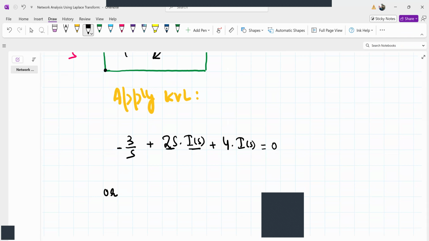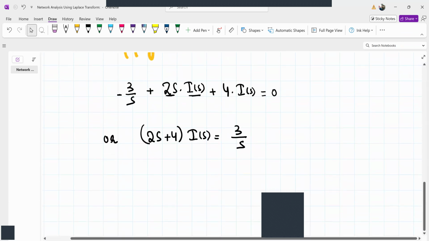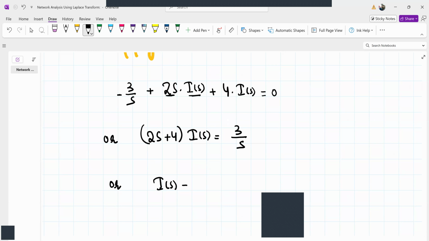So (2s plus 4) multiplied by I of s is equal to 3 by s. So I of s here will be 3 divided by s into (2s plus 4).